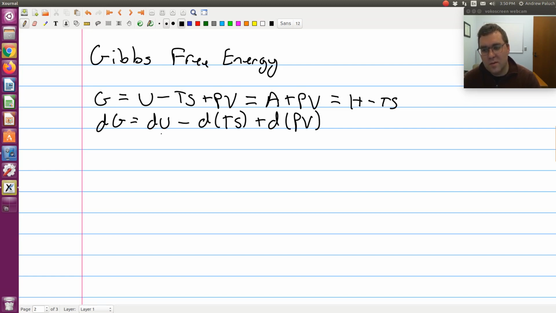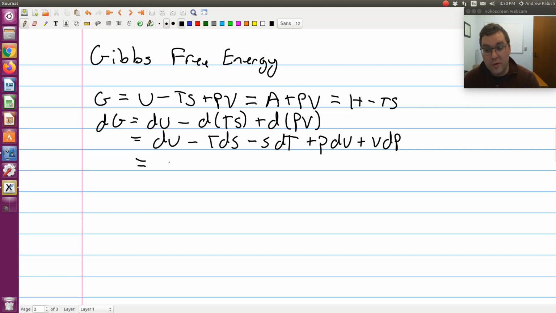So this is equal to dU minus TdS minus SdT plus PdV plus VdP. Cool. So I plug in for dU our combined statement of the first and second law, TdS minus PdV.